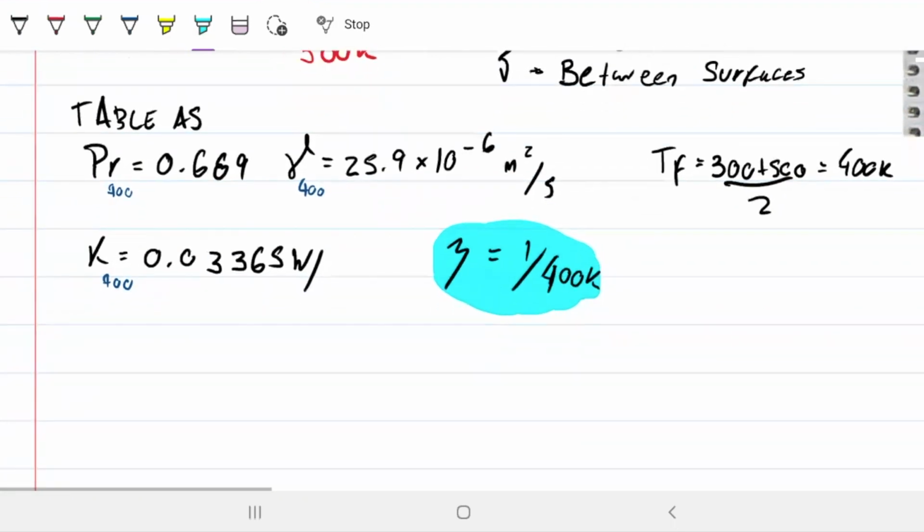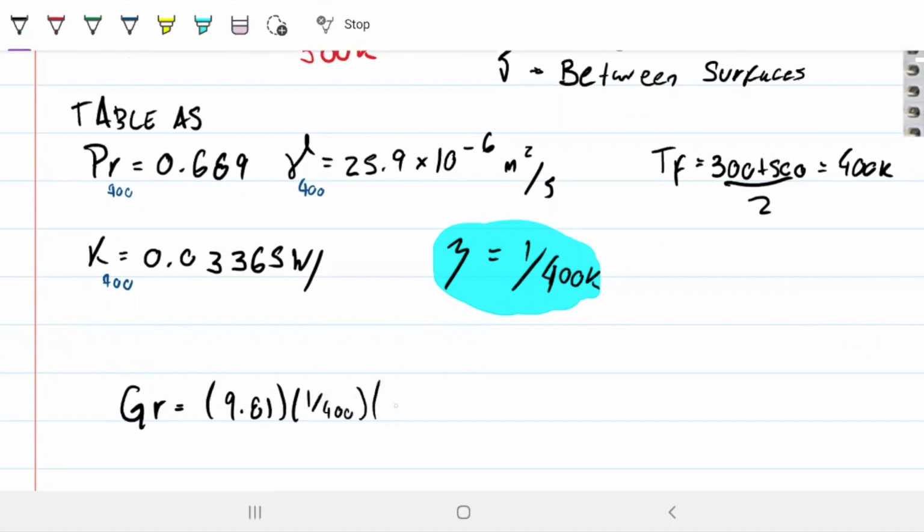Let's jump straight into calculating Grashof: gravity, 9.81, times beta, 1 over 400, times delta T, 500 minus 300 Kelvin, times the characteristic length, 8 mils, to the third, divided by the kinematic viscosity.